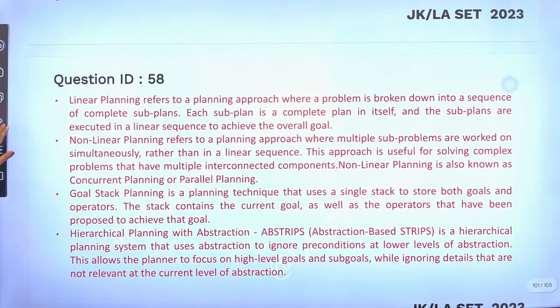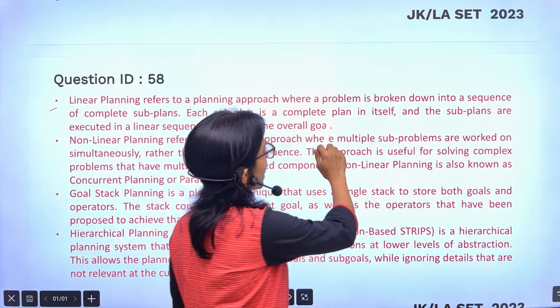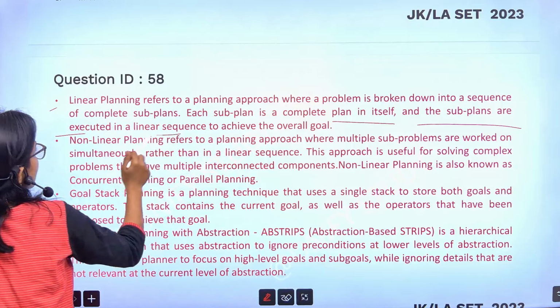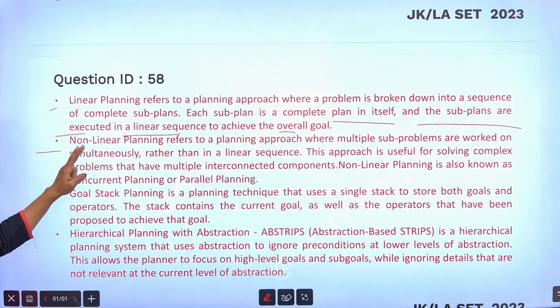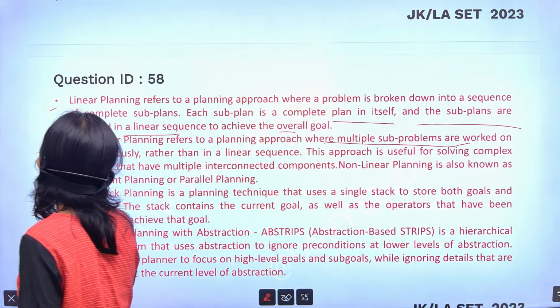Linear planning refers to the planning approach where the problem is broken down into a sequence of complete sub plans, each sub plan is a complete plan itself, and the sub plans are executed in linear sequence to achieve the overall goal. Non-linear planning is an approach where multiple sub problems are worked on simultaneously.